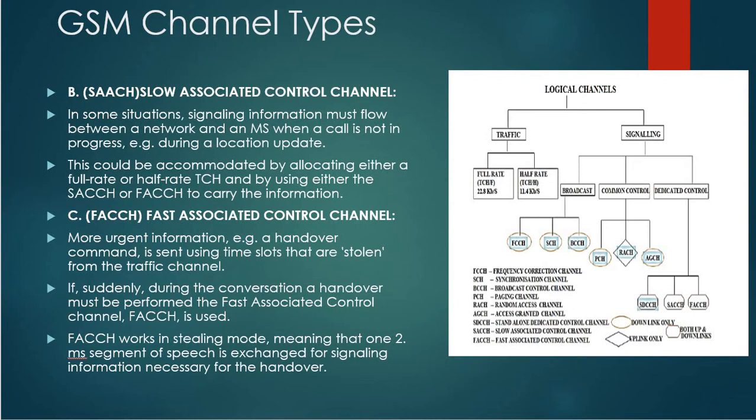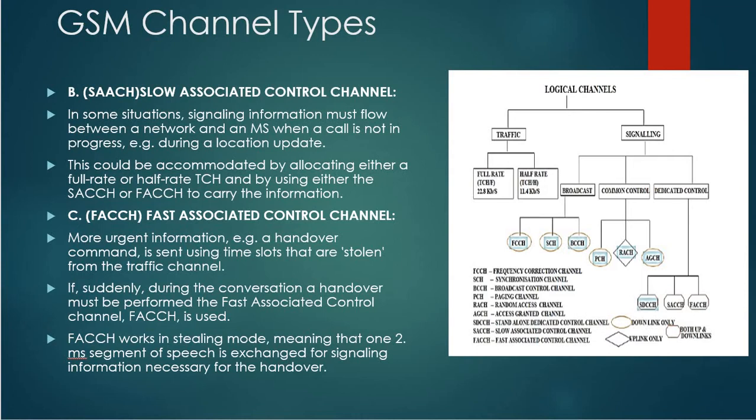In some situations, signaling information must flow between the network and the mobile stations when a call is not in progress. When a call is not in progress means the mobile phone is idle, then the SACCH initiates this channel.